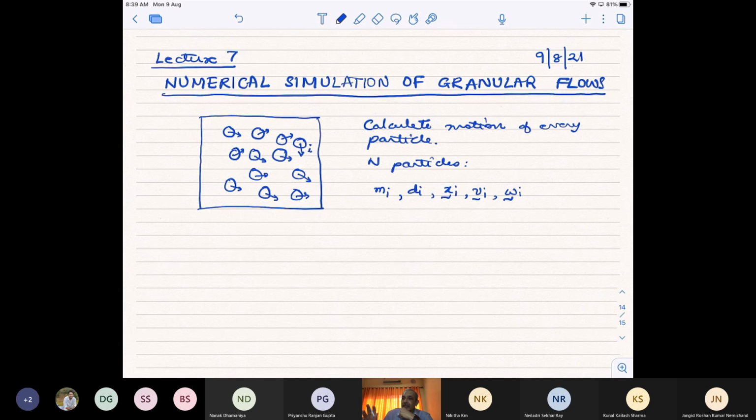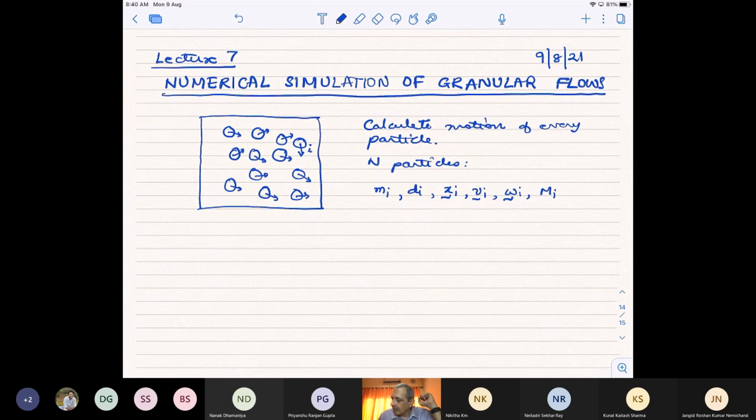So omega i is a vector which points along the axis of rotation, and the magnitude is equal to the angular velocity. And then of course we'll have the moment of inertia.